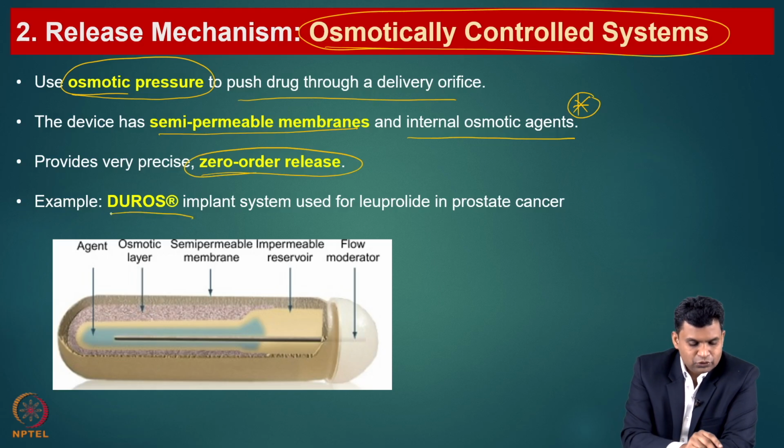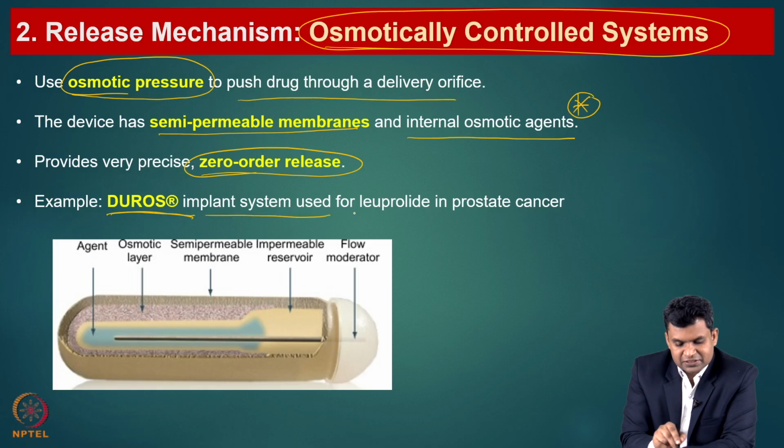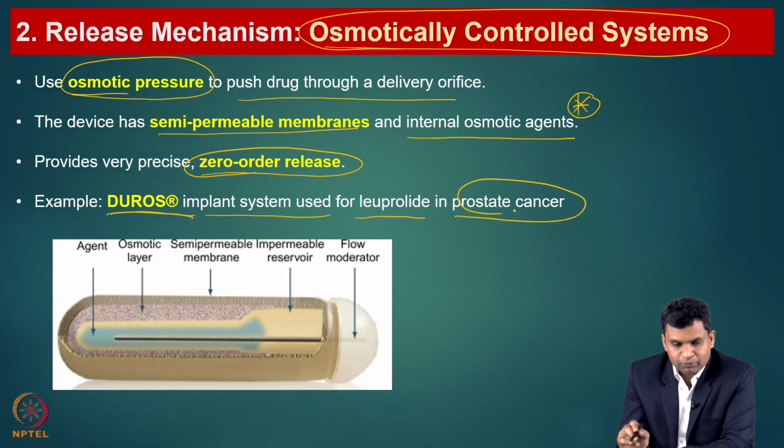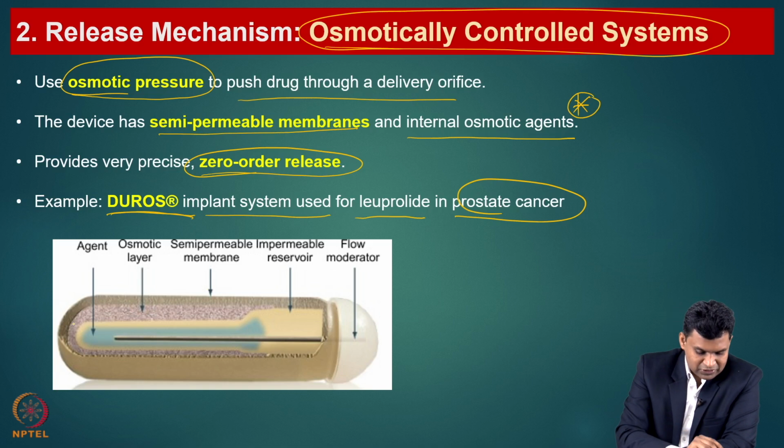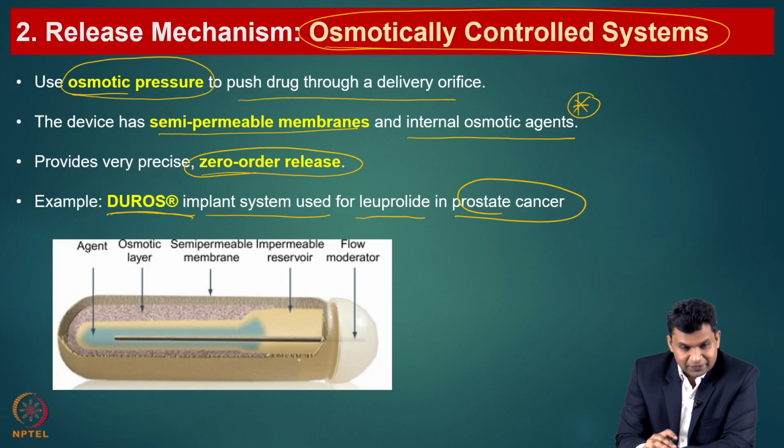The example is the Duros implant system used for the delivery of leuprolide in case of prostate cancer. Now, you can see the picture representation of the osmotic control systems. So, you can see the outside, it looks like a capsule, or sometimes it may also come in tablets as well.